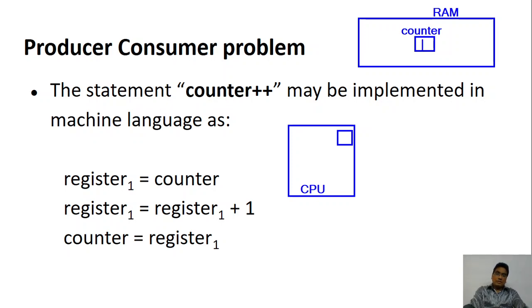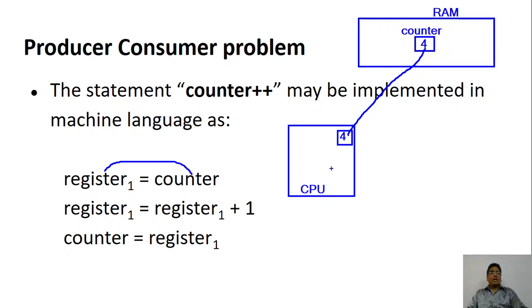Let's assume this value is 4 or 5 or whatever. It can be 0 if no items are there; if 4 items are there, it is going to be 4. So it gets that value into the register first.